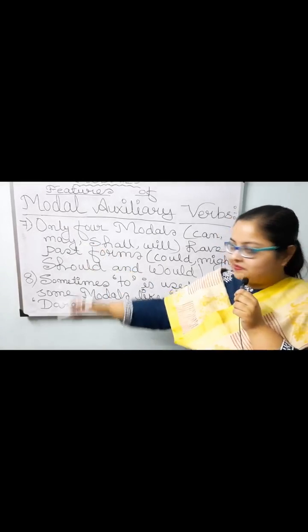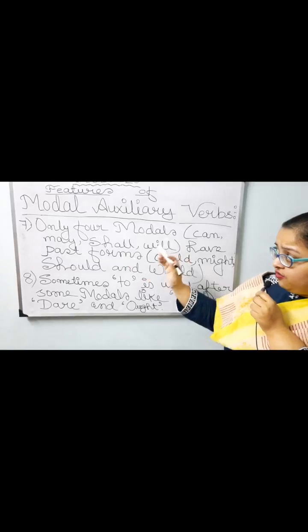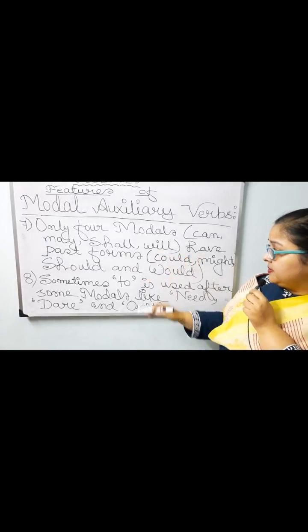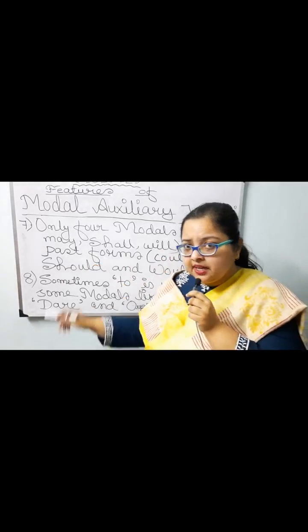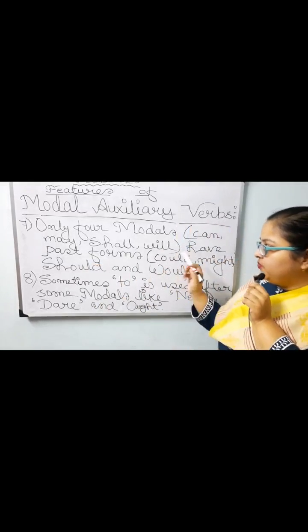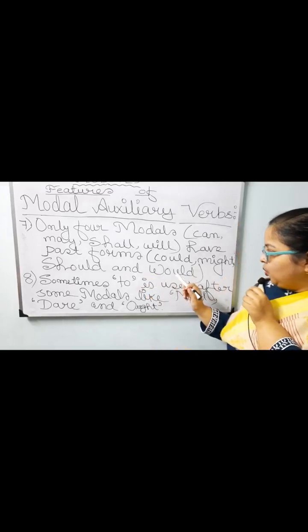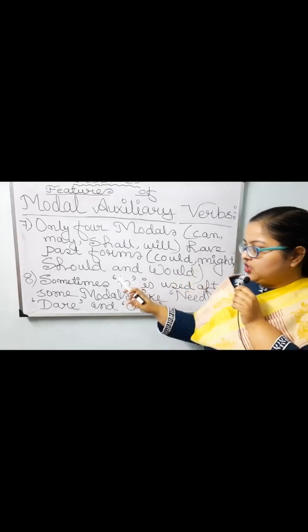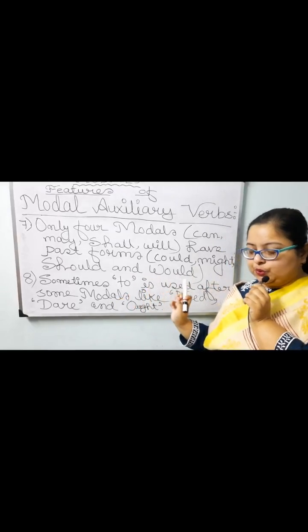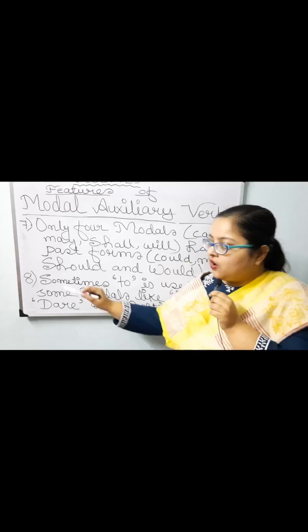Number 7. Only 4 modals, can, may, shall, will, have past forms: could, might, should, and would. Now, number 8.